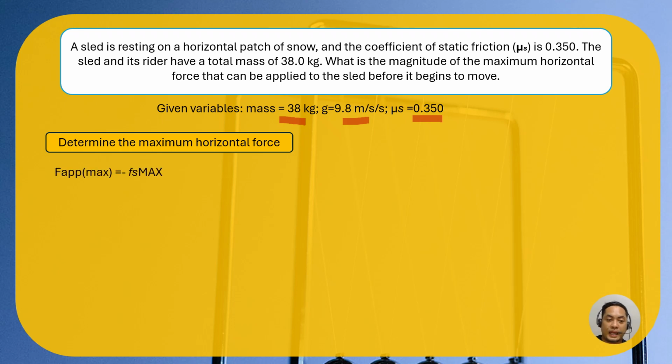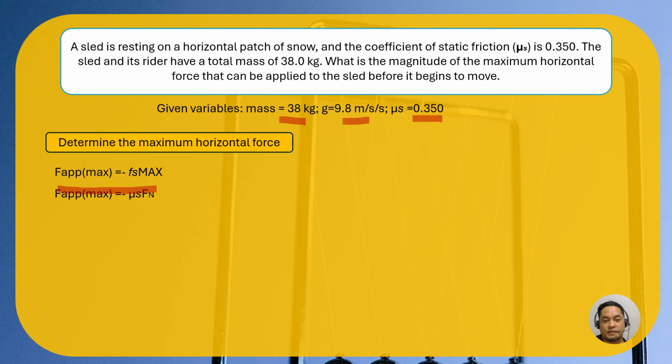Remember that your applied force is equivalent to your Fs max, your static friction. But this time it's the maximum applied force. If it's the maximum applied force before the object will move, it is also equal to the Fs max. That's pretty simple. Now the maximum applied force is equivalent to negative coefficient of static friction and then Fn.